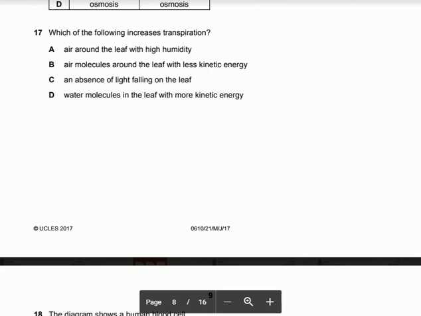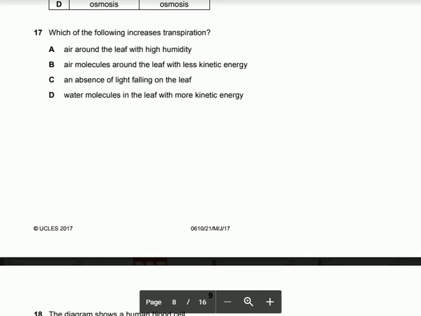Transpiration is the evaporation of water, mostly from leaves. It's just another process of evaporating. Air molecules around the leaf with less kinetic energy move slowly, so they can't kick each other outside. They don't actually do that, I'm just giving an example.